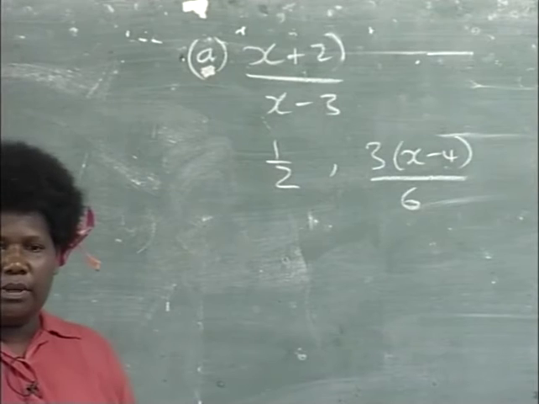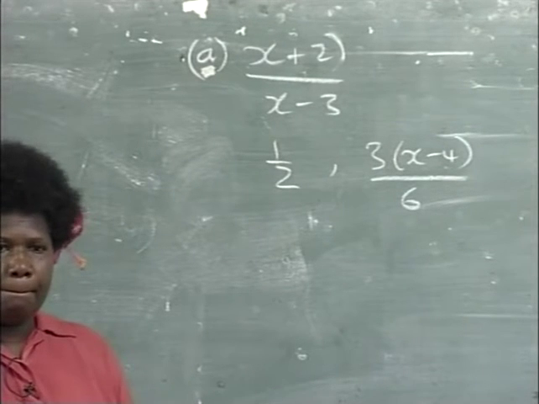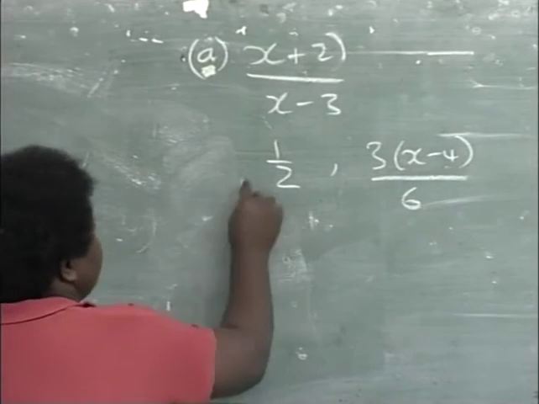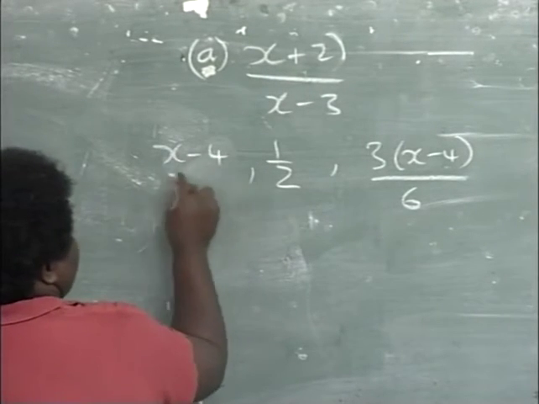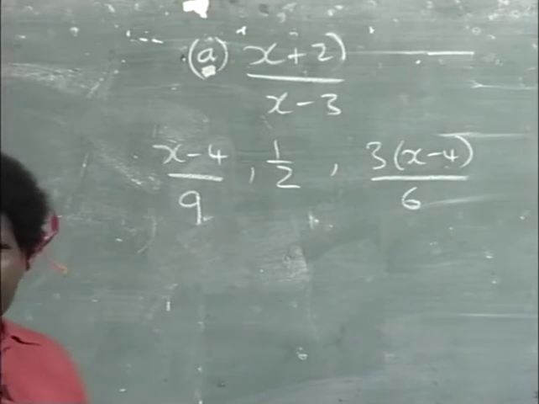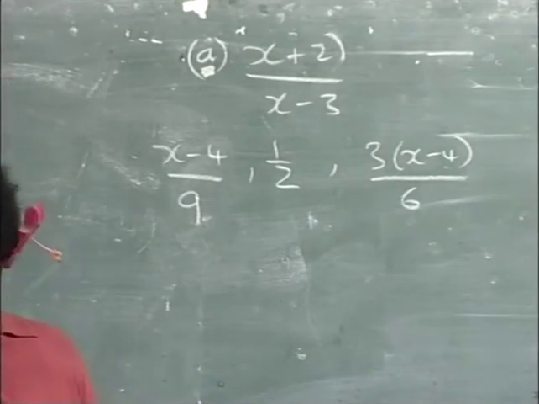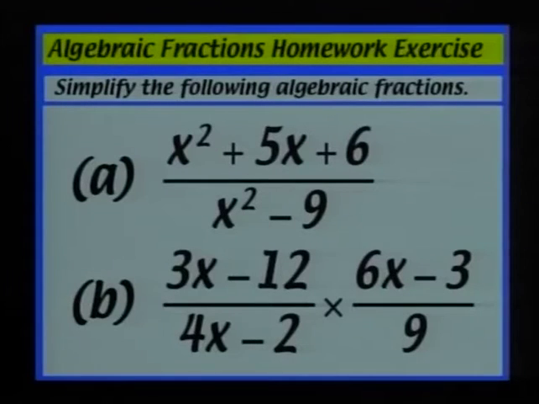Make sure you stand, please. X minus 4 over 9. Any other answers? Oh, still some people have different answers. X minus 4 over 2.